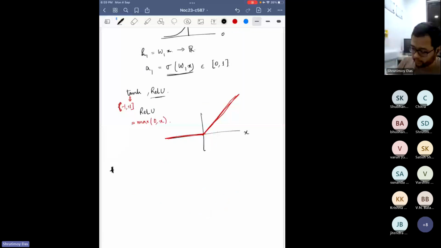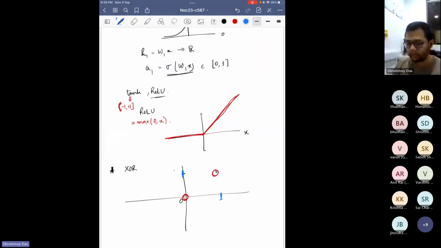Okay. So let us look at an XOR example. This is 0, this is 1. At 0 0 it is 0, it's 0 here, and you had 1 here. If you just use a linear function, we cannot draw a line like this to linearly separate these two.